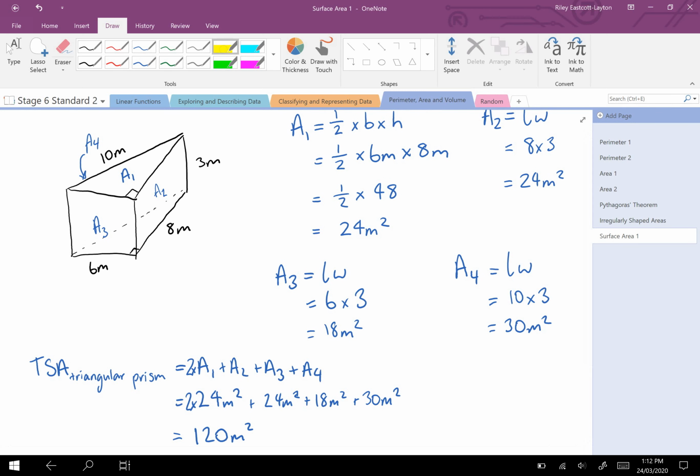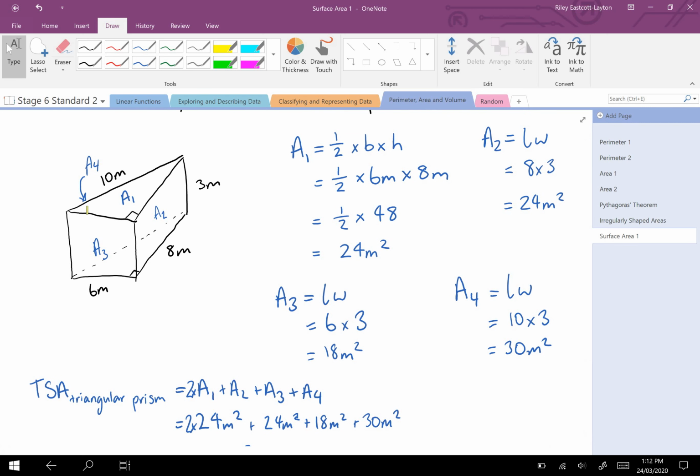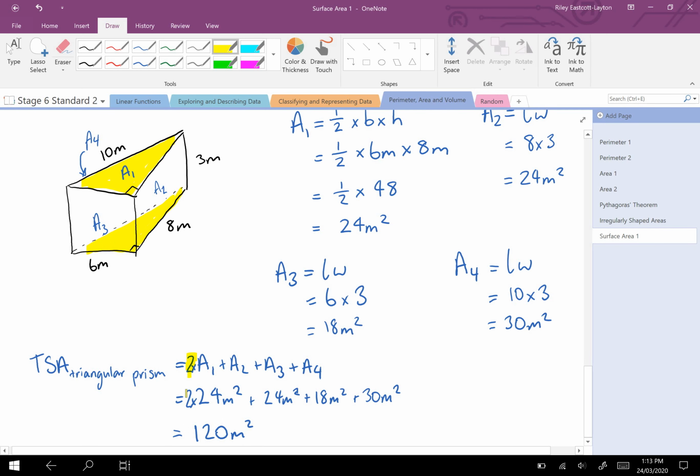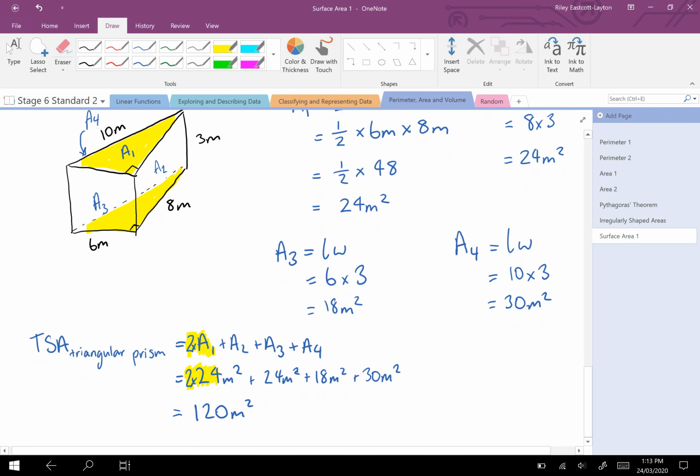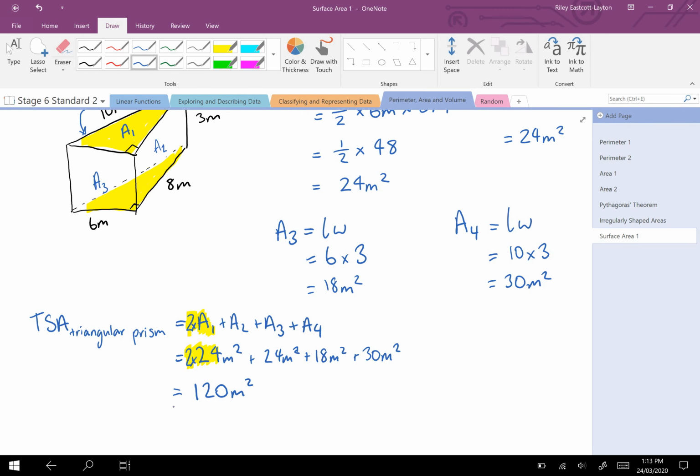But remember, at the start, we were talking about A1 being up here, and we also had A1 down here. So that's where this 2 times A1 comes from. All right. So there is our total surface area of our triangular prism.